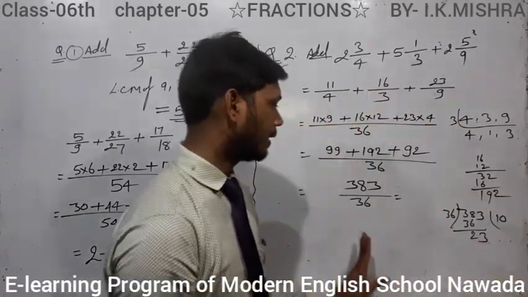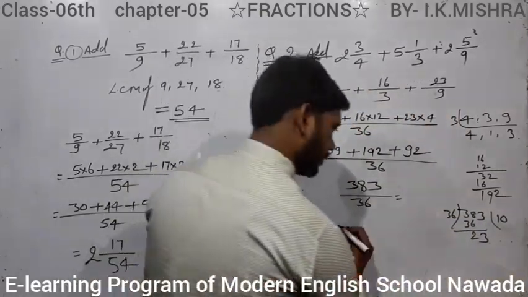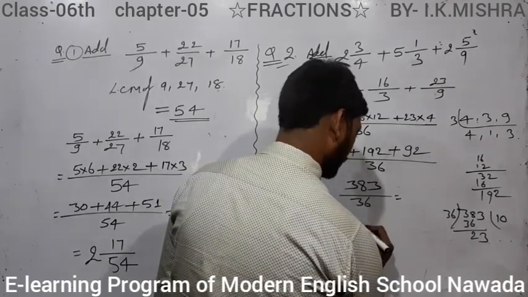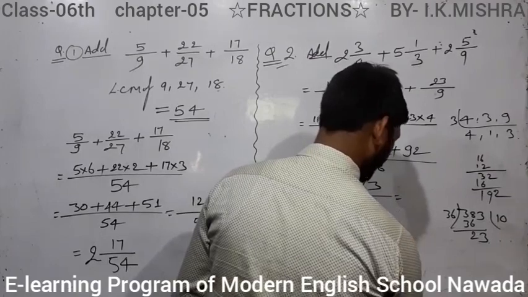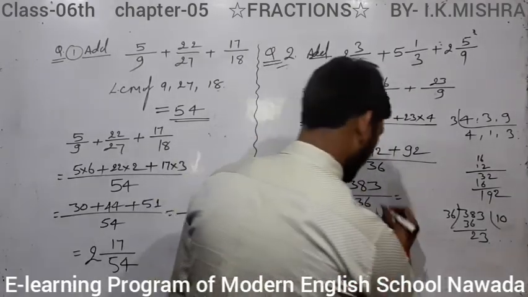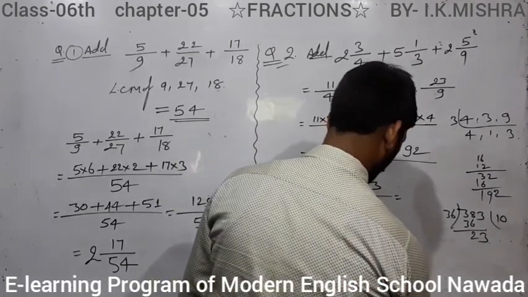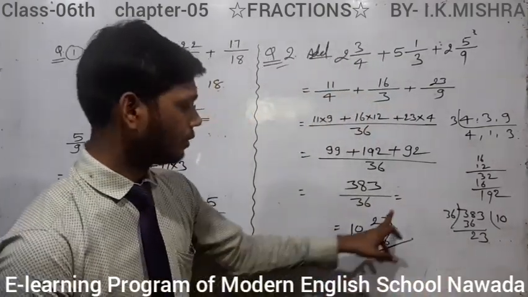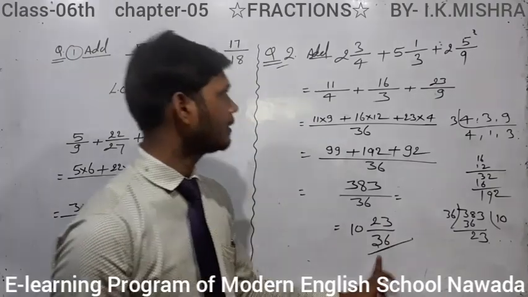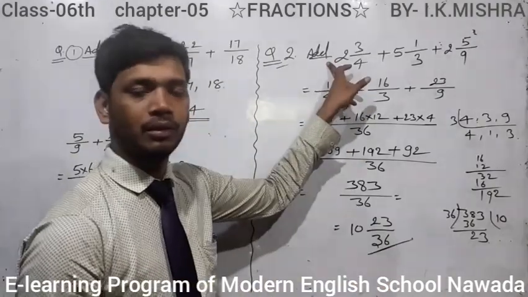That means here 10 whole 23 by 36. Here friends, its answer 10 whole 23 by 36 is the answer of this.